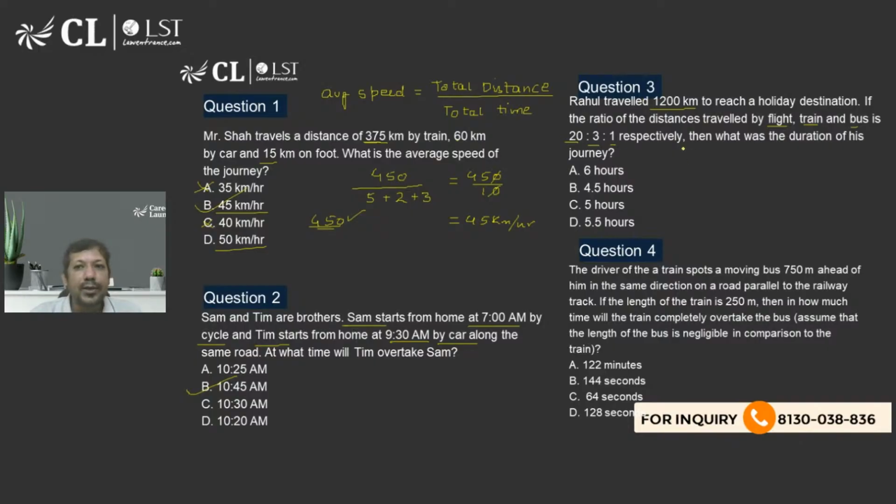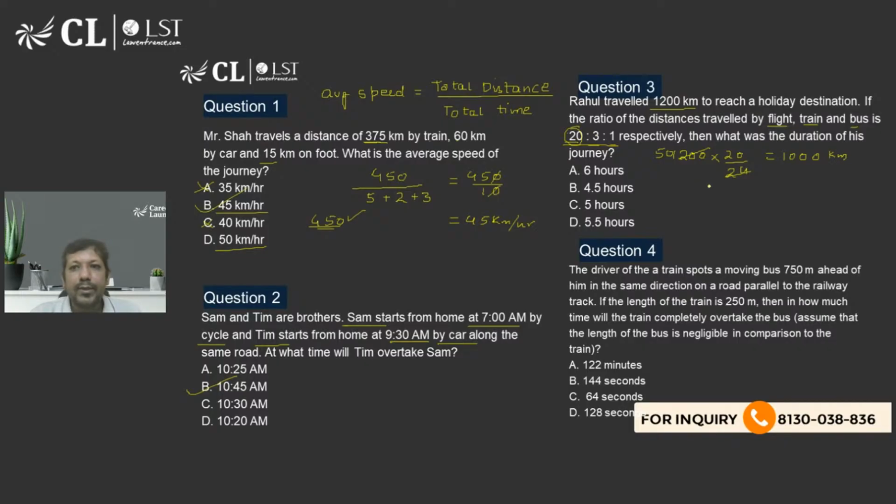So basically, I am going to write 1200, and he is traveling 20/24 with a flight, 20 plus 3 plus 1. So distance of flight is going to be 20 out of 24 of 1200. So this is going to be 50. So he is traveling 1000 kilometers with flight.